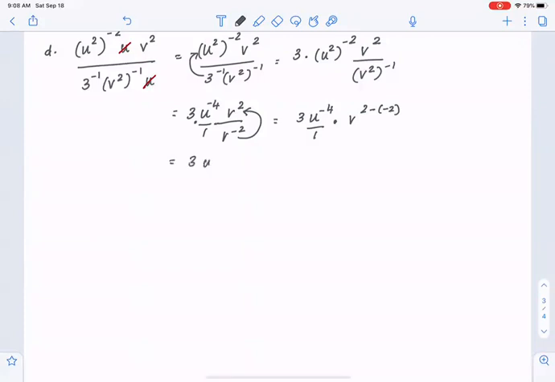So 3 u raised negative 4, v raised negative 2 would become positive 2, and 2 plus 2 is 4. Last step, I'm going to move that u raised negative 4 to the denominator. So 3 v raised 4 over u raised 4.